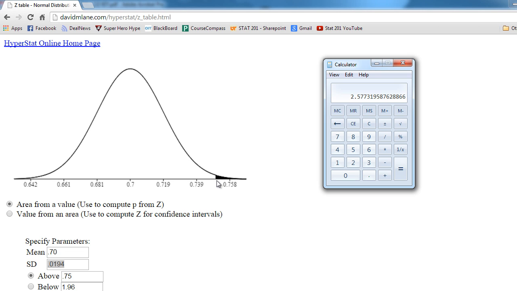We can't figure out the exact area, but we can guesstimate it. And let's use the empirical rule. So we know 95% is between -2 and +2. 99.7% is between -3 and +3. That leaves outside of -2 and +2, 5%. That means outside of this on one side is 2.5%. Review chapter 5 if you need, but the empirical rule will let us estimate 2.5% is above here.